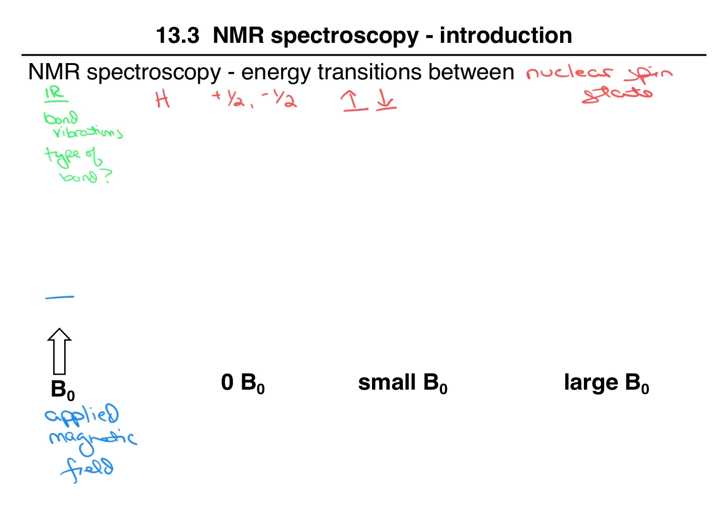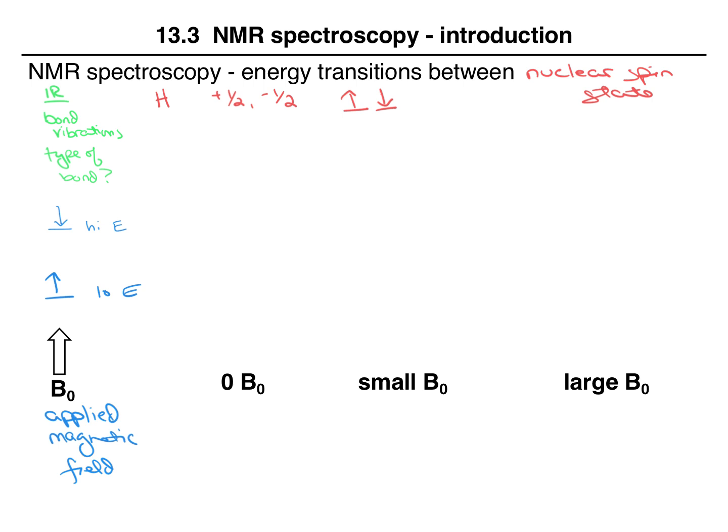This one, where the spin is going up, is aligned with the field, so this is low energy, whereas the other spin state is opposing the applied field, and so this one has higher energy. So now there is an imposed energy difference on the nuclear spin states.